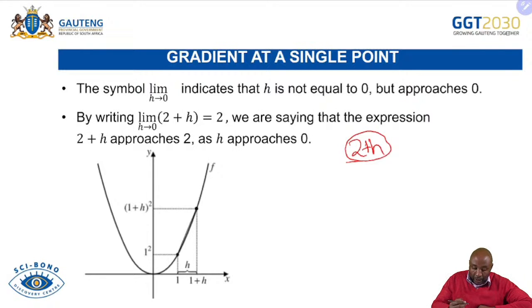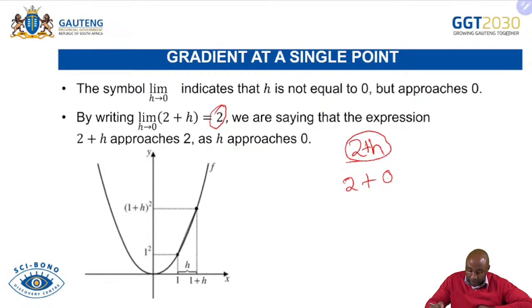And then we are able to see that this limit will also approach this value of 2. But remember, once you substitute whatever value is being approached, you no longer write the term limit. You will see as we move along.